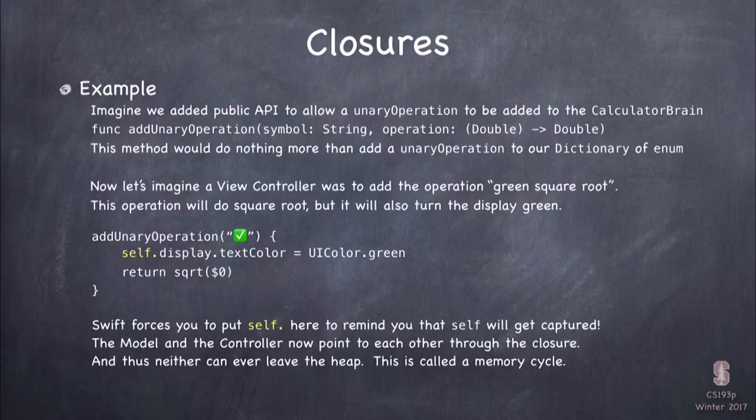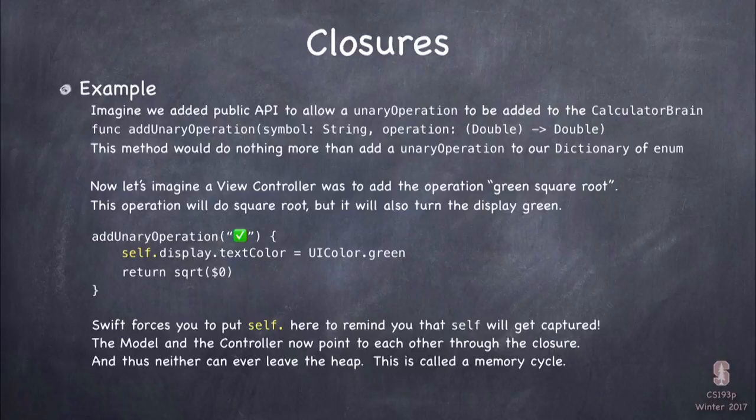In case you point to this closure, which our view controller does, because our view controller has the calculator brain, which has the operations table, which has this closure in it. You see? So I'm pointing to that indirectly from my view controller, and it's pointing back at me, self dot. It's going to capture self. Self is a pointer to myself, my own view controller. Now I've created a memory cycle. Everyone understand what's going on there?